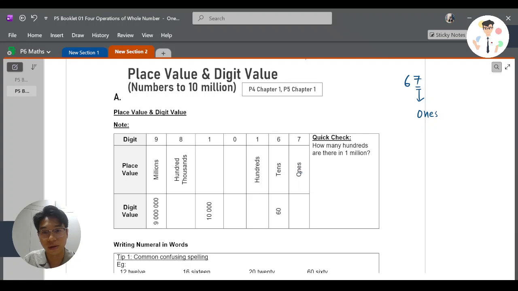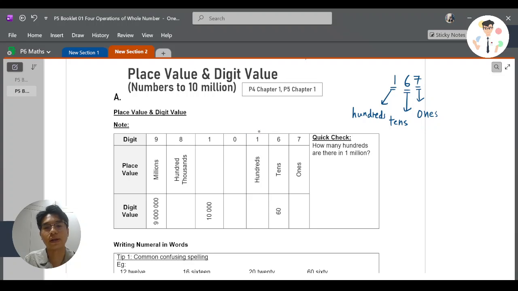Here is 67, so we have this 6 at the place value of tens. If I add on to become 167, this will be at the place of hundreds.